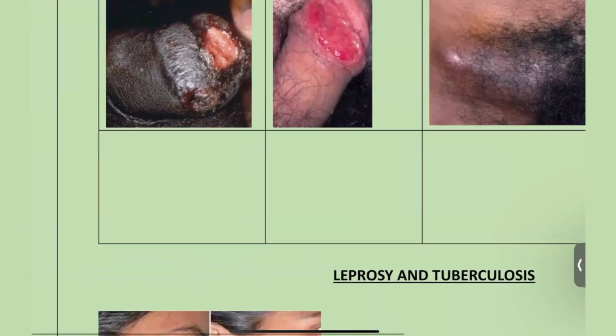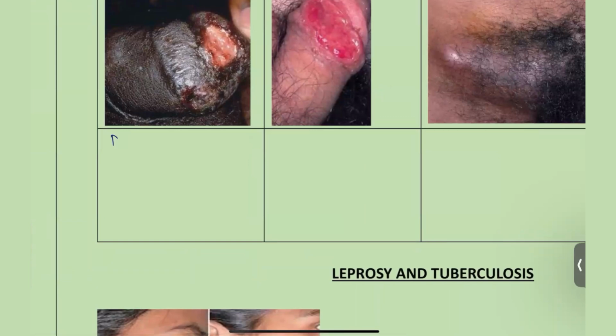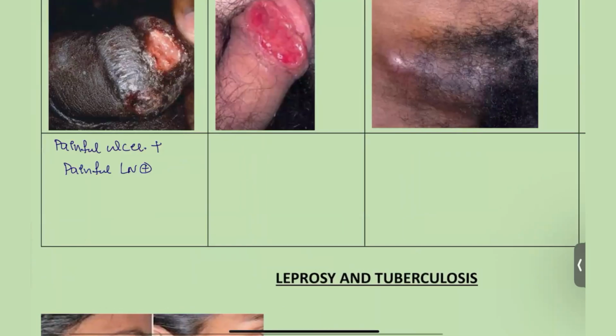Okay, next, coming to the features. Chancroid is a painful ulcer, along with painful lymphadenopathy. The base is very painful in patients with chancroid.